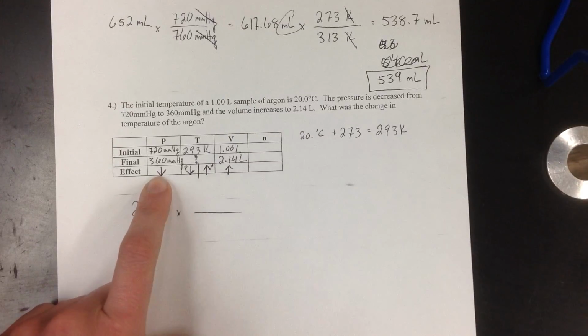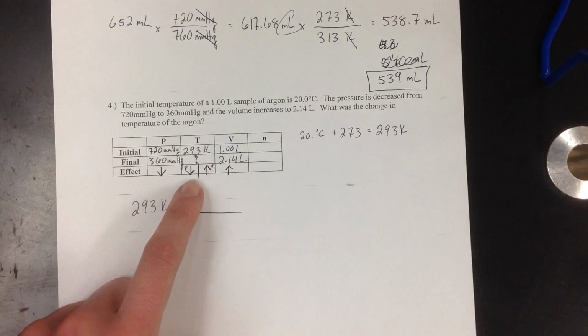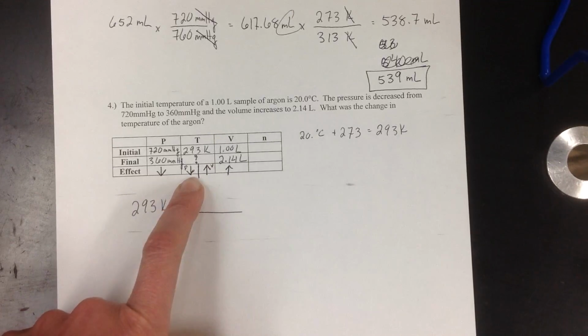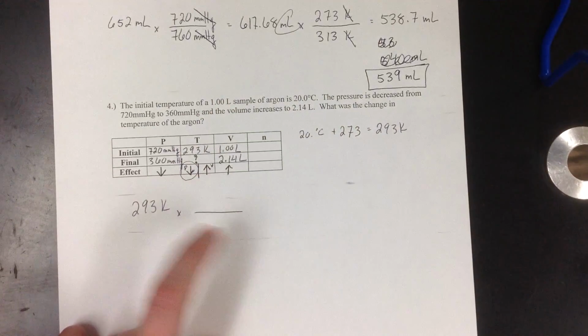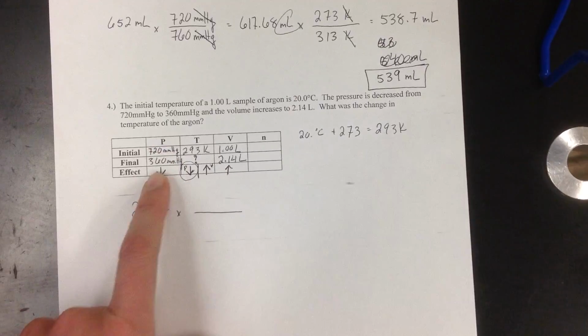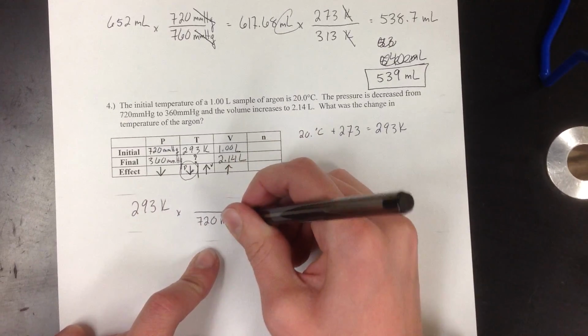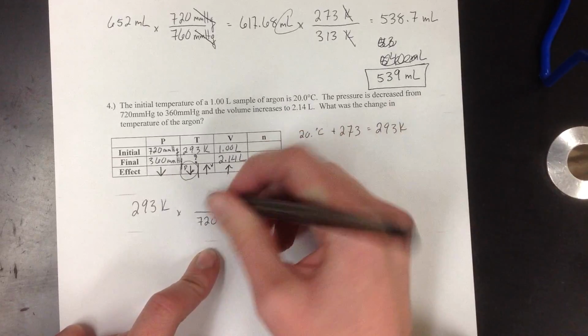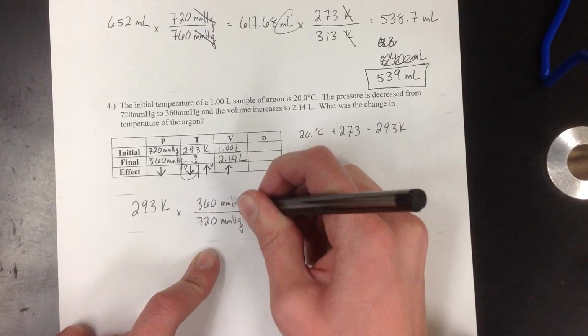So I'm going to start with the pressure just because it's the first that comes in the column. My temperature should decrease according to my pressure. So in order for this to decrease, I need my 720 on the bottom and my 360 on the top.